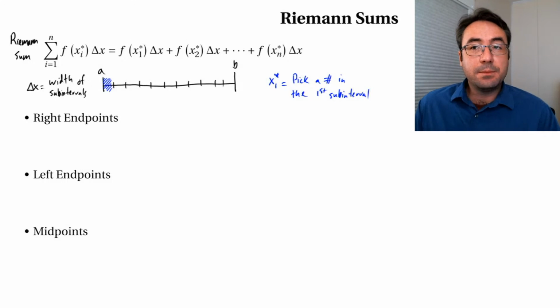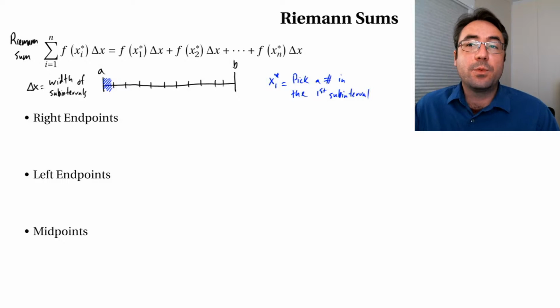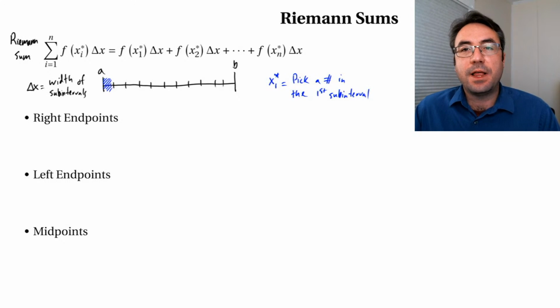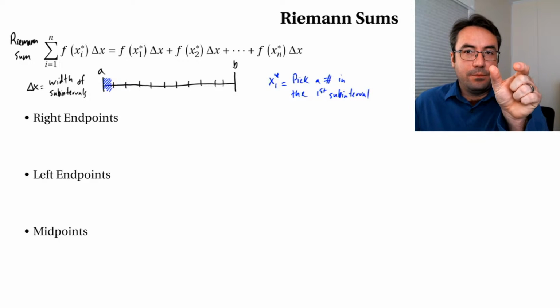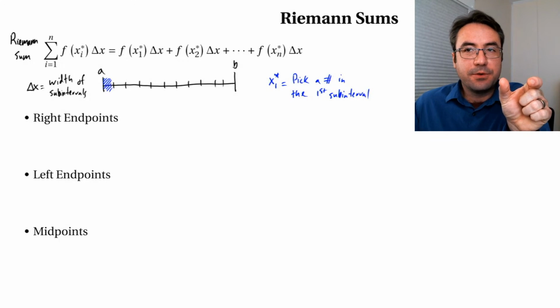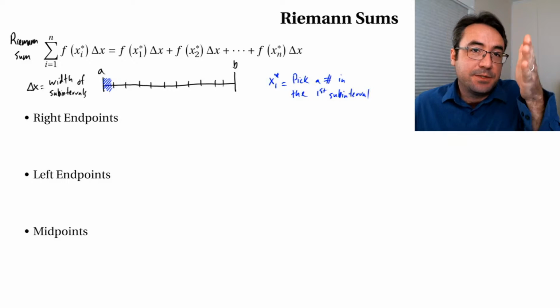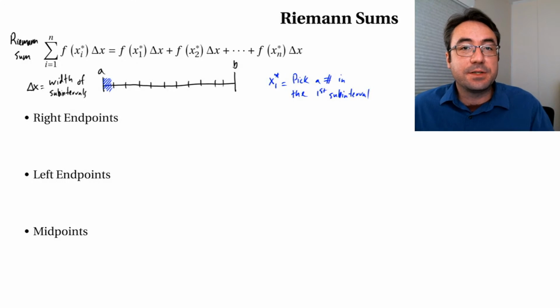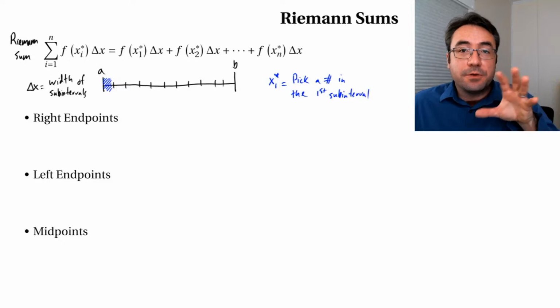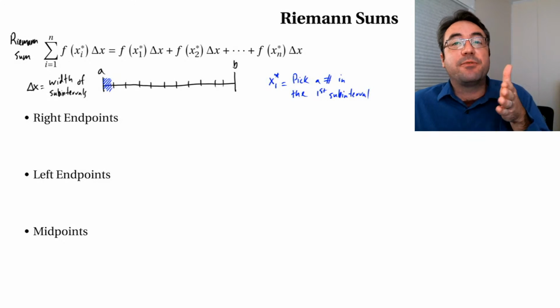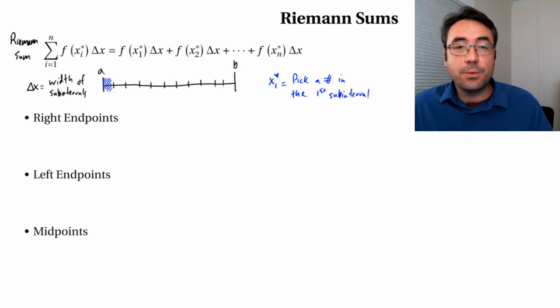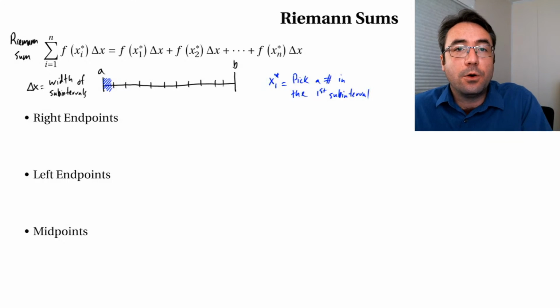So we have some control over what number we pick. For our velocity, we had that interval from 0 to 5, and we picked 0 to give us our velocity reading. We could have done all those calculations and picked 5. So we usually have some control over which number to pick out of that first subinterval.